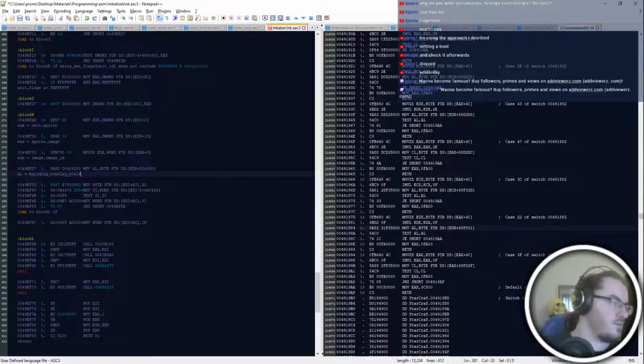Building overlay state max, and EDX is sprite.